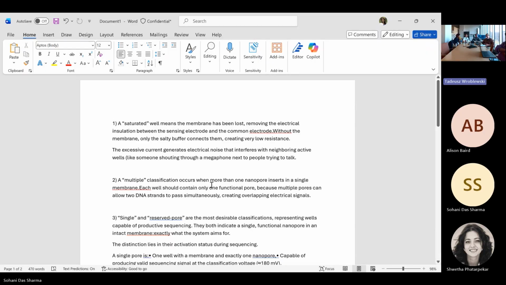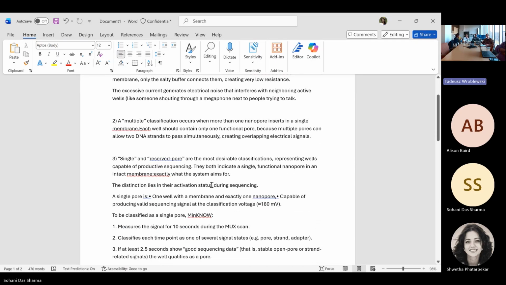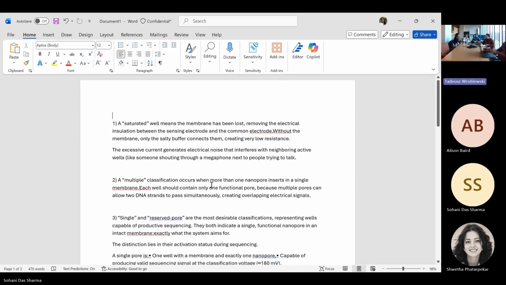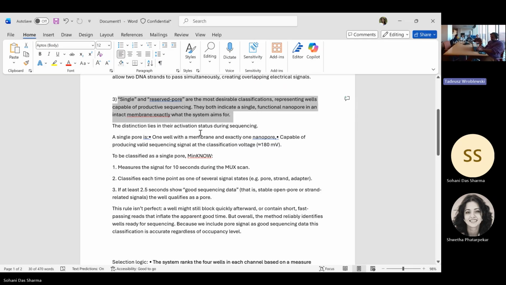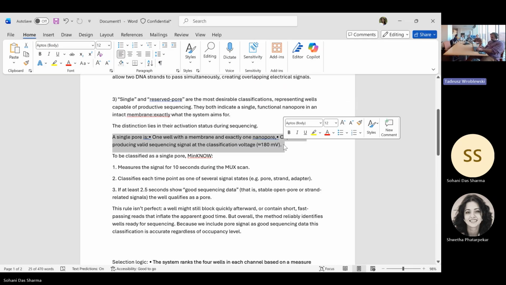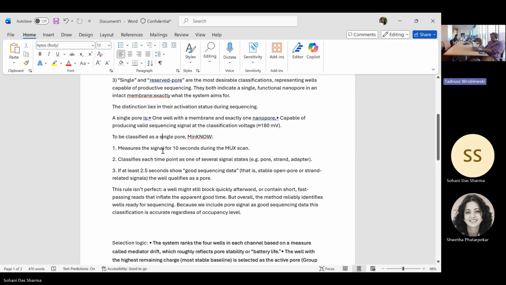Okay, so this is quickly about all the different pore scan parameters. I think the most important is the reserved core. What does it mean? When the pore scan is happening, the voltage is close to 180 millivolts. The software has to decide whether that pore is good or bad.